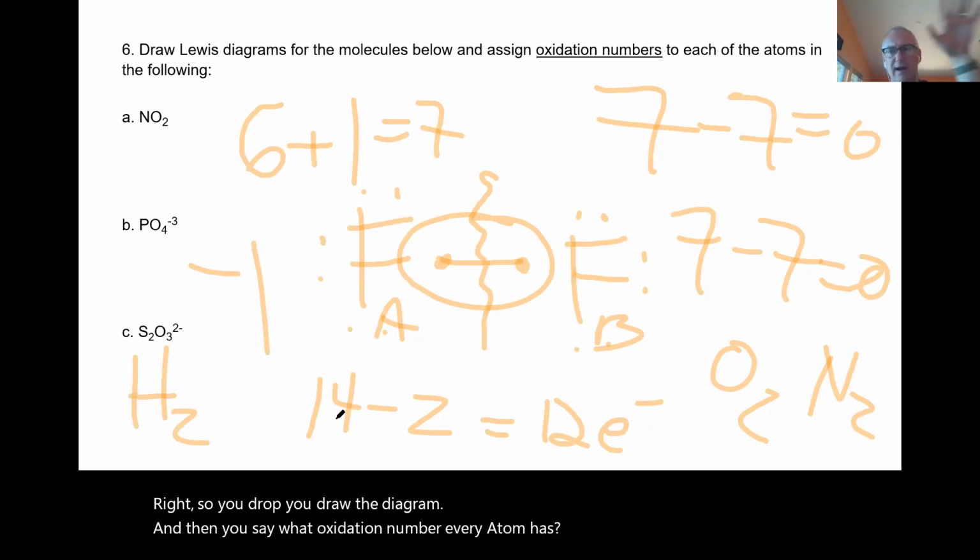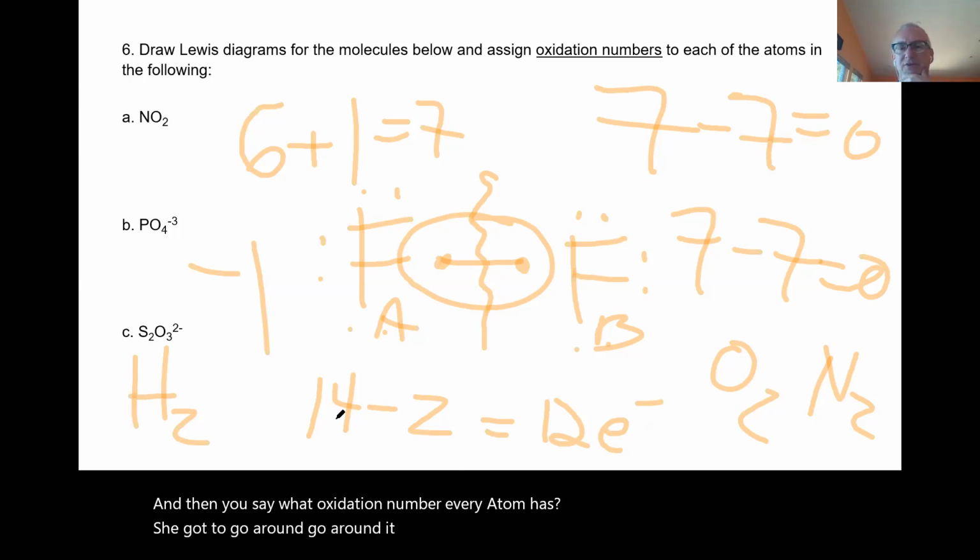Do you want me to show how I get the oxidation numbers, like how to draw and how you did now? Unless I say so, no. If it doesn't spell it out, you can just say the numbers. I think on an exam, if it says show your work, then you have to show the calculations. It doesn't say that specifically here.